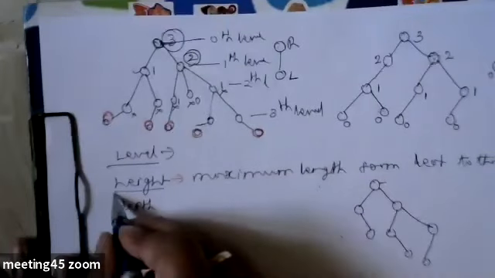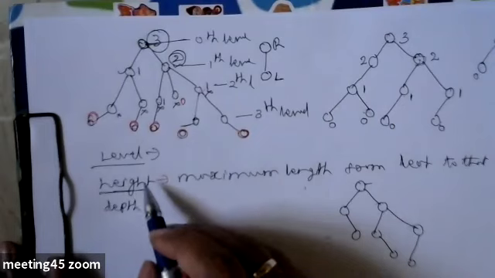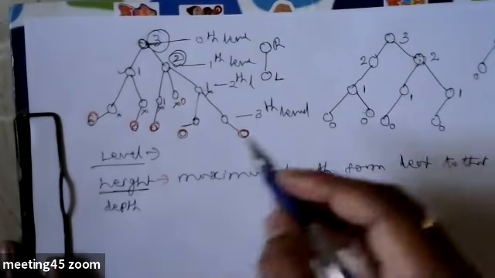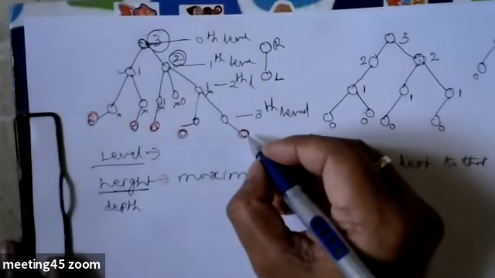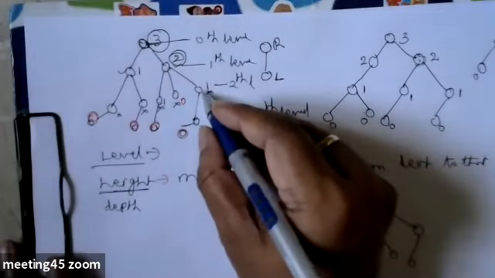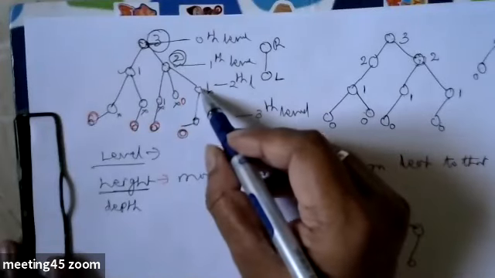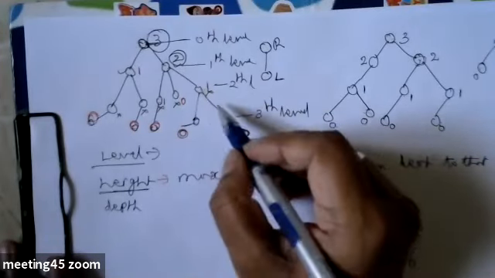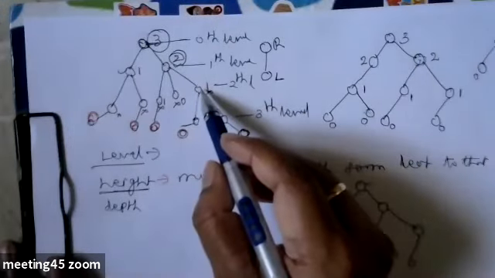Then we stopped at the height of the tree. What does the height of the tree basically mean? The height of a node is the maximum distance from the leaf to that node. Whatever that maximum distance is, that is called the height of that particular node.